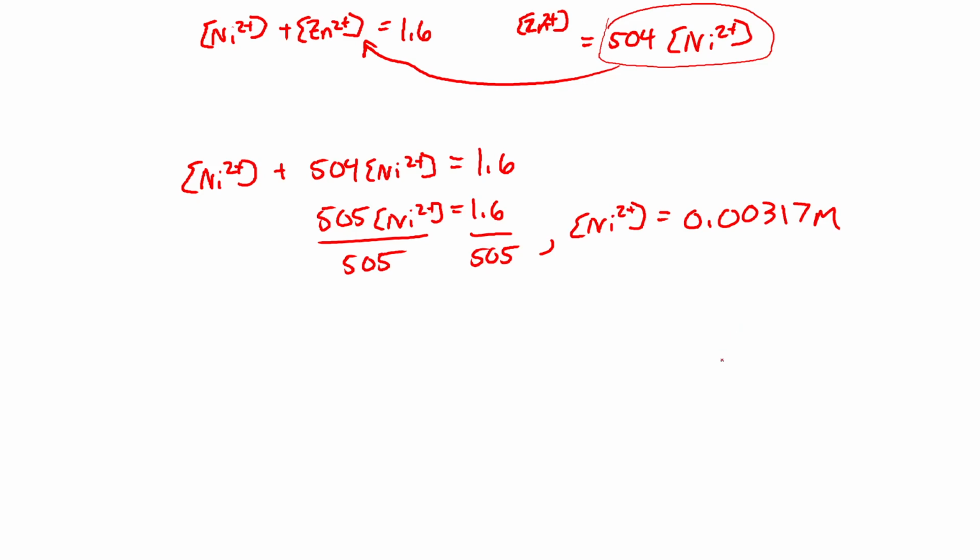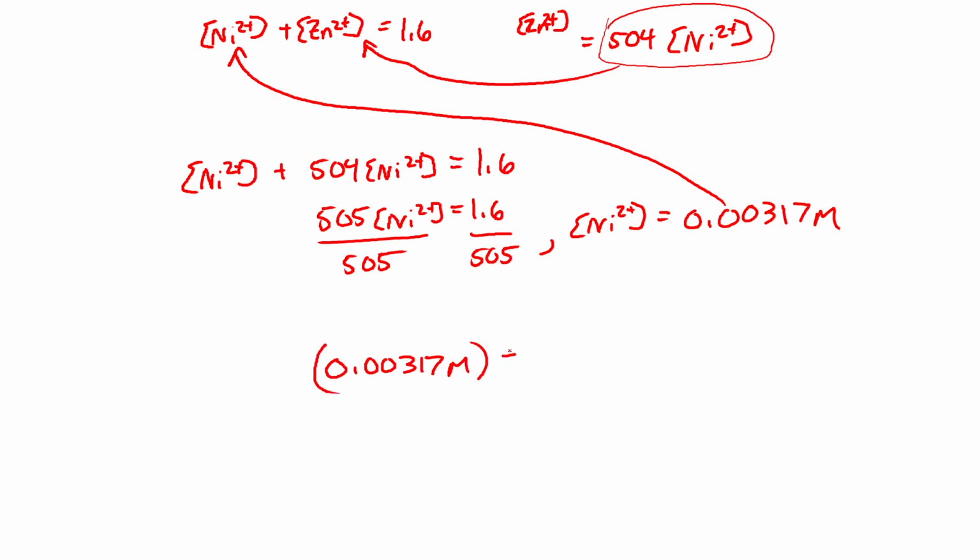And now that I have that, I can go back to this equation again, plug that in here, and just leave the zinc as it is, and I will end up with 0.00317 plus the concentration of zinc is equal to 1.6.